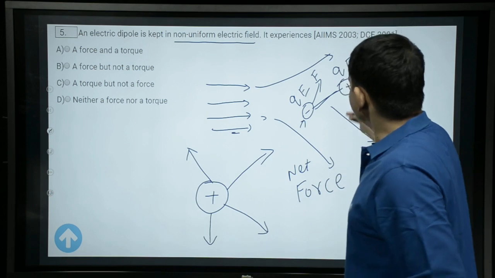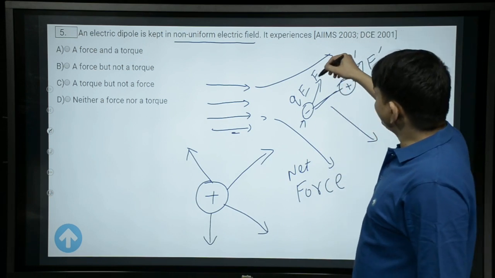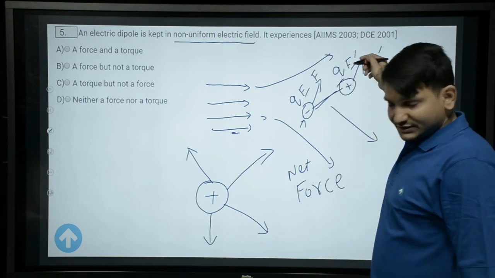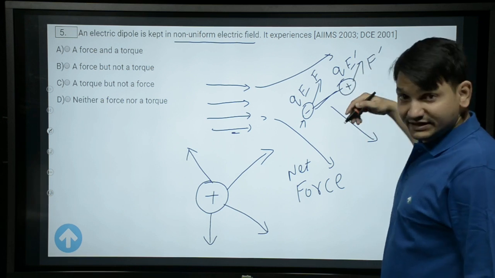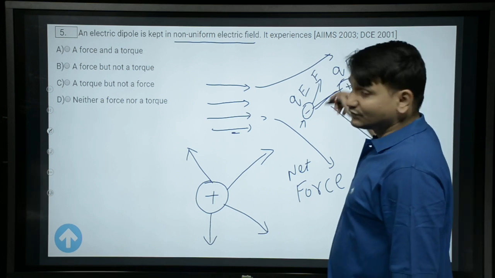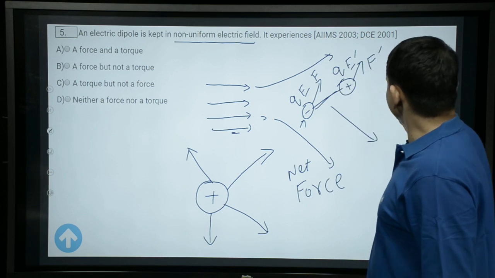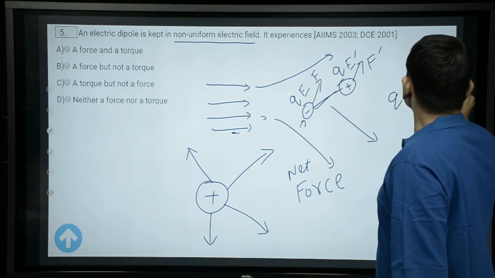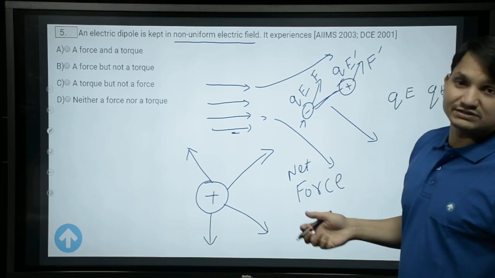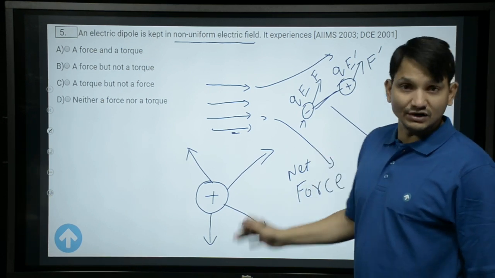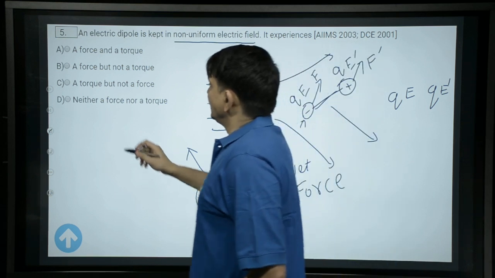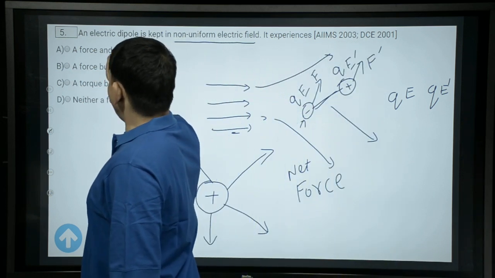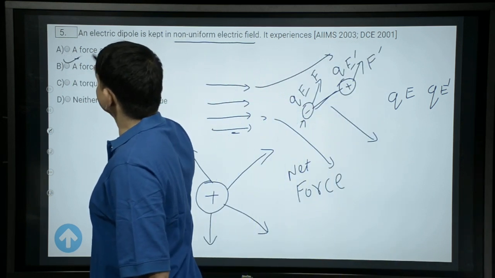So if the forces on the two ends of this dipole are different, then there would be a torque, and that is what is happening because QE and QE dash are not the same, because the electric field is not uniform. So a force and a torque, both.